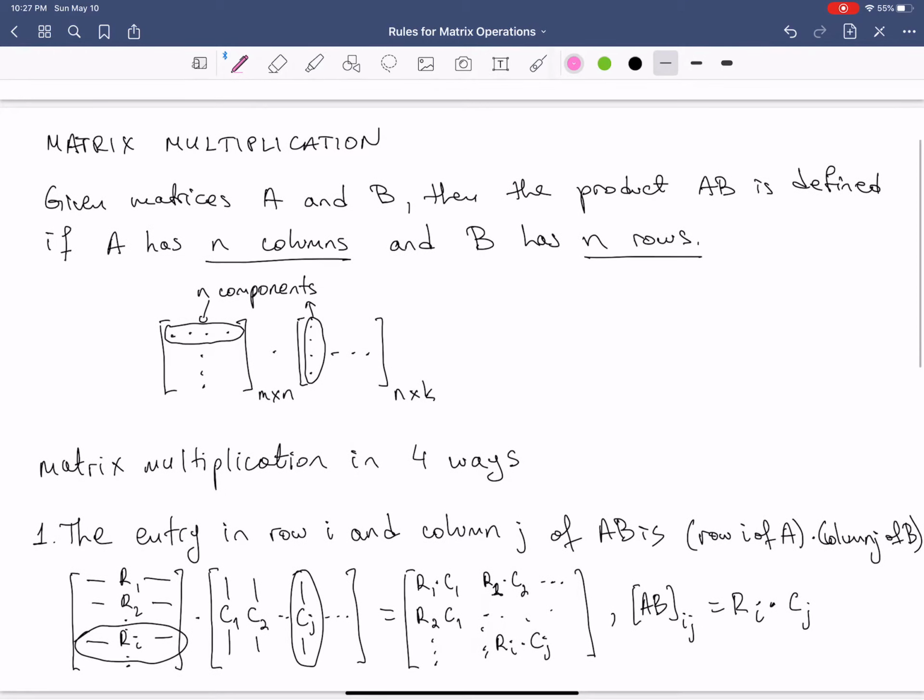Where I said that we can multiply. So here I should have added that the answer will be a matrix of size m by k. So n allows us to multiply 2 matrices, and then the outer indices put together tell us the size of the product. So this would be A times B.